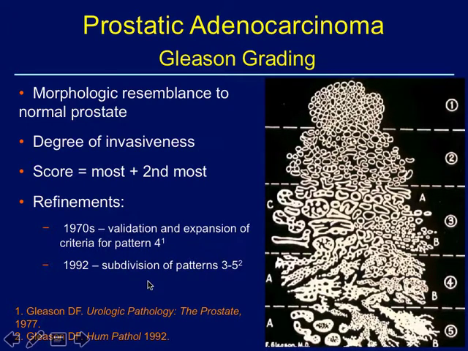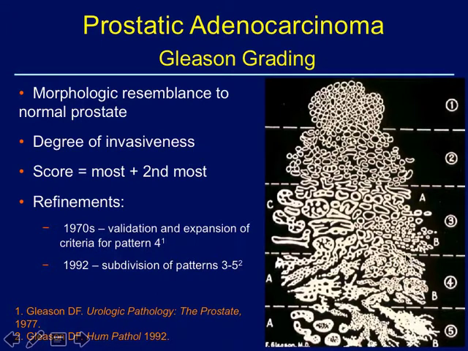And then in 1992, he came up with the subdivisions of patterns, different looks within things that we still called Gleason grade 3, for instance, 4 and 5, cribriform patterns 4, and all of these other things got added into his Gleason grading system. And this is the well-known blueprint, if you will, for patterns of prostate cancer, and it was published in 1992.